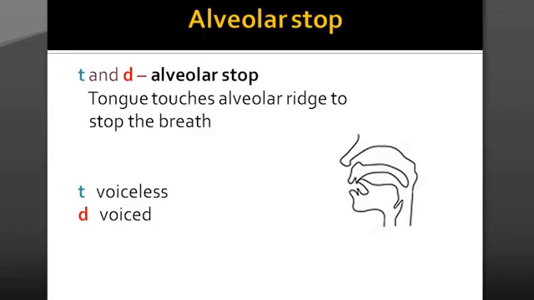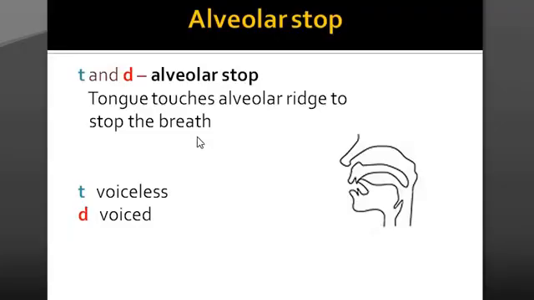Okay, so these are called alveolar stops. What that means is that our tongue touches the alveolar ridge to stop the breath. Usually, we stop the breath and let it go. So that's how you can feel your breath. We stop the breath and let it go.